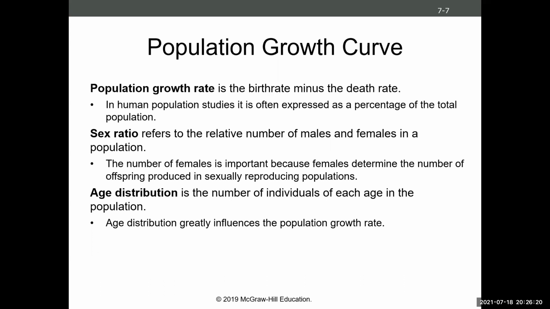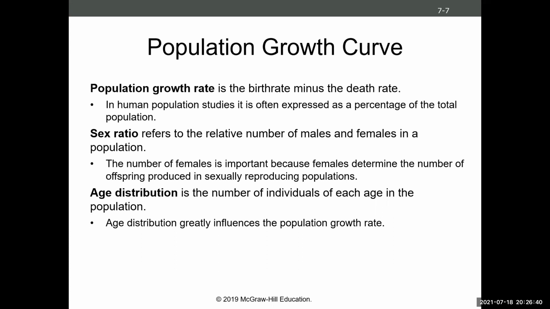And so it's really important to know not only female and male ratios, but also age distributions, because age distributions tell you the number of individuals in each age class, and the age class will influence the population differently, right?